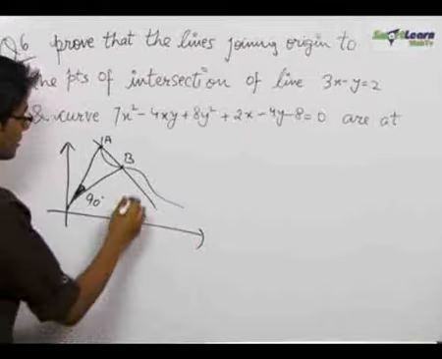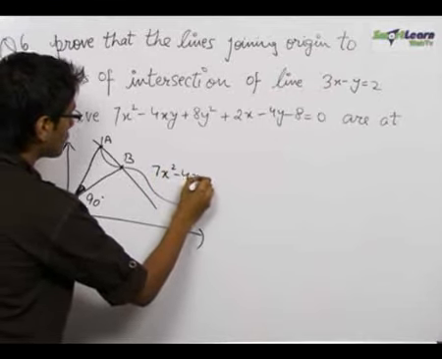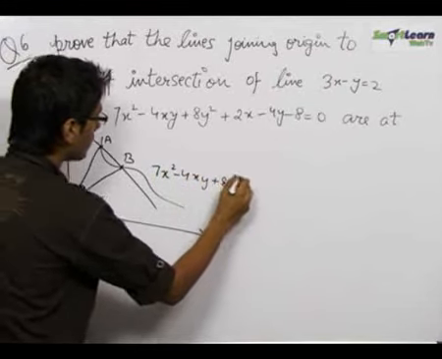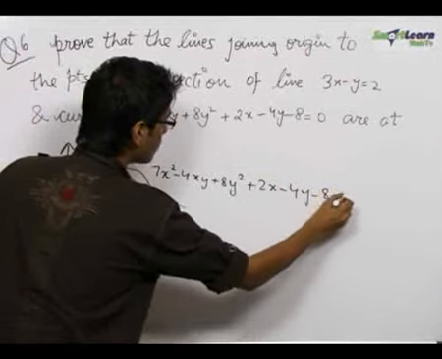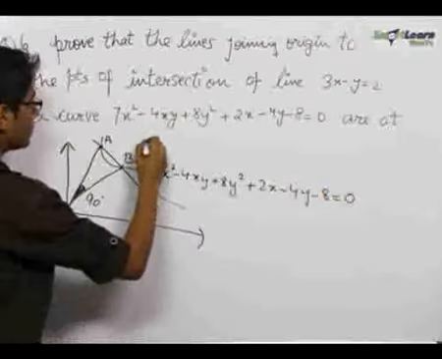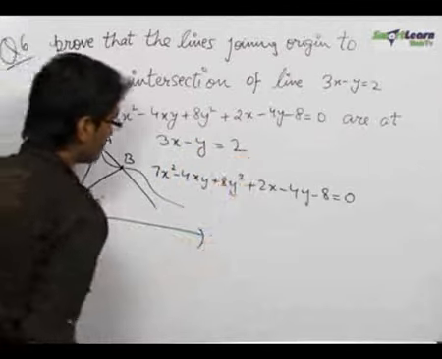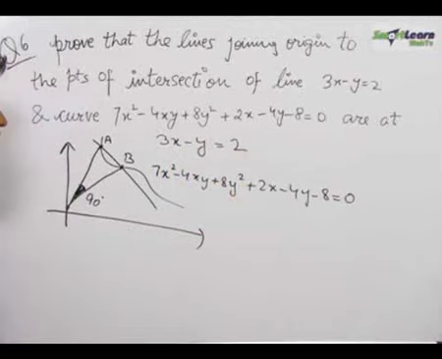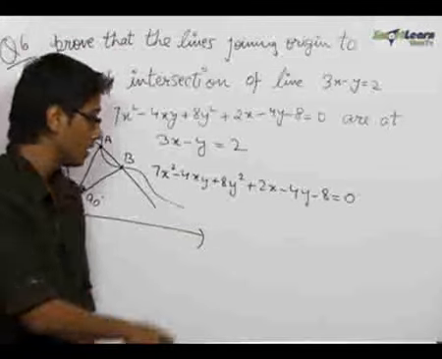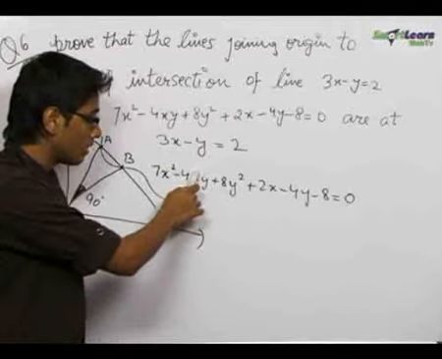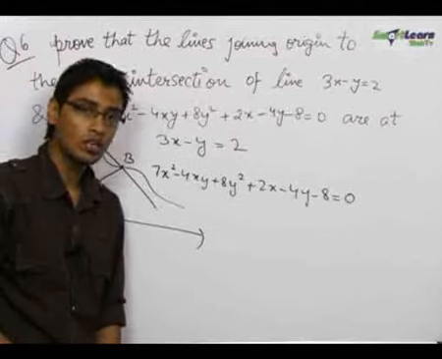For this, we homogenize the curve 7x square minus 4xy plus 8y square plus 2x minus 4y minus 8 equals 0 using the line 3x minus y equals 2. In homogenization, what we see is this is x square term which is having 2 degree, this is xy term which is also having 1 plus 1 equals 2 degree, and this is y square term which is also having 2 degrees.